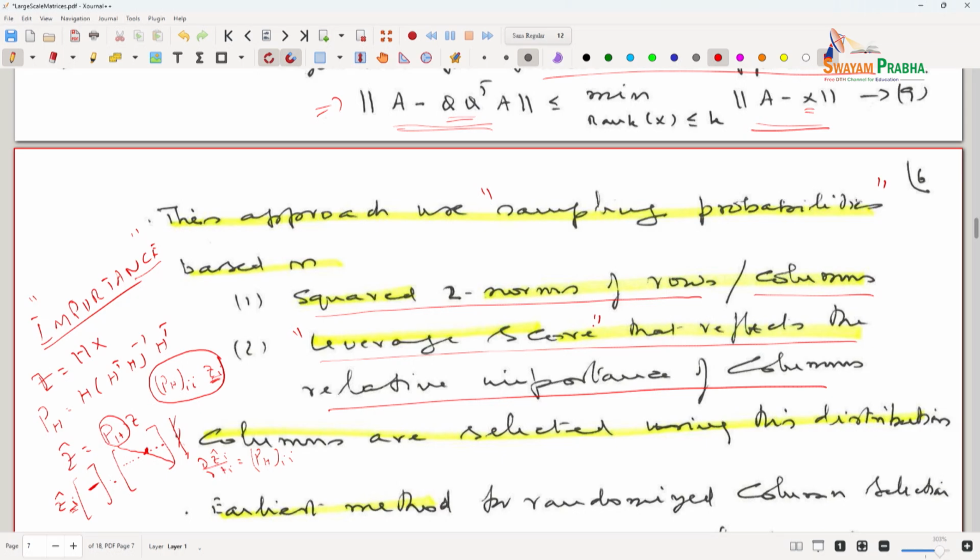So, you can measure the importance of a column either by the 2 norms of the column or by computing the leverage scores that reflect the relative importance of the column. That means, PH_ii tells you the relative importance of the role of the ith column of H in trying to decide the fitted value in the least squares fit in model building.